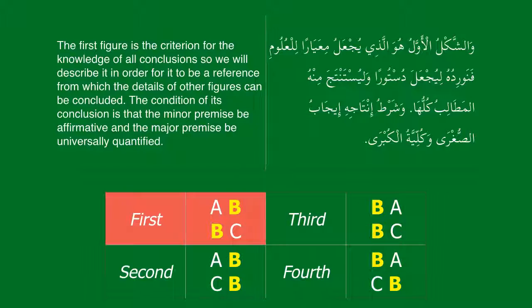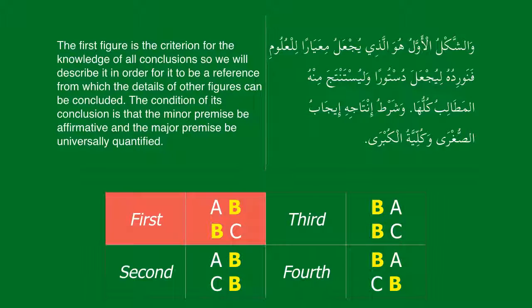What it means is that any syllogism on the second, third, or fourth figures can be returned, through a transformation by conversion, as we saw earlier in this lesson, to the first figure.